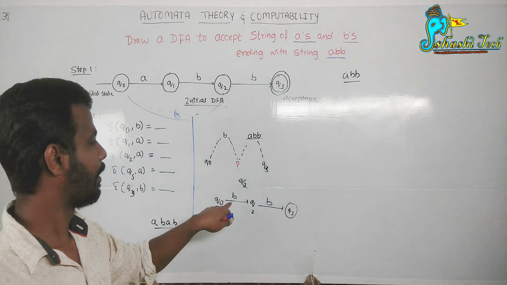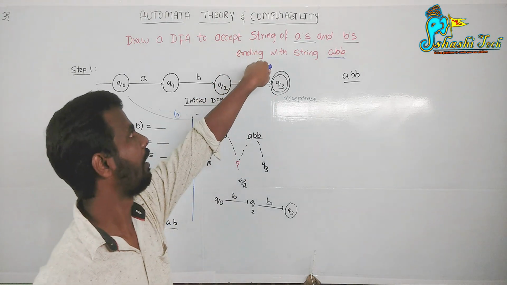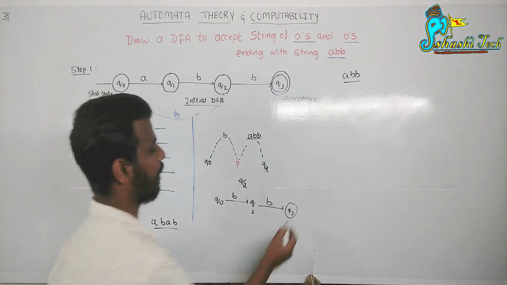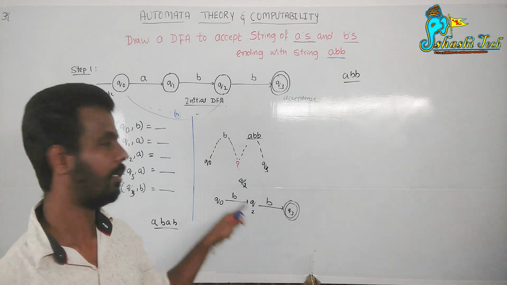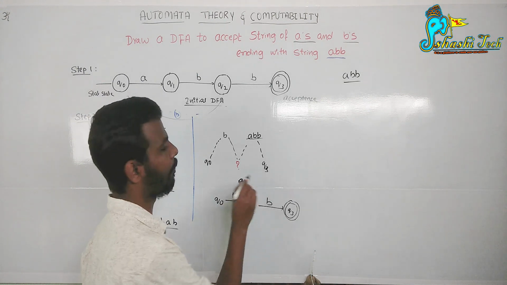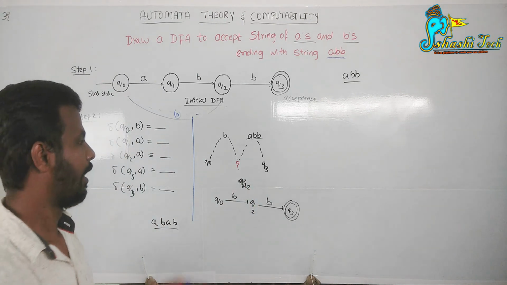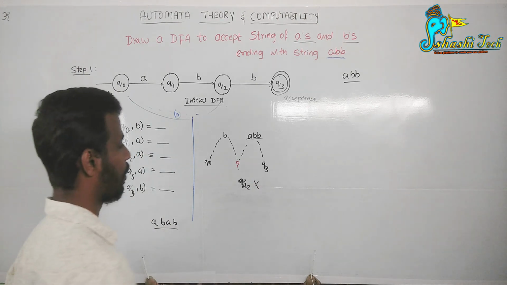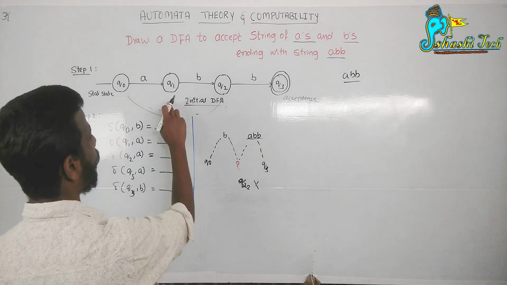It is coming with the string BB. We require that the string should end with ABB, but here the string is ending with BB. So Q2 is not correct. Q2 is also eliminated. Q1 is also gone.